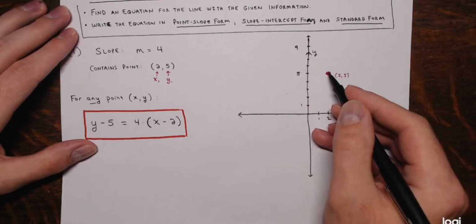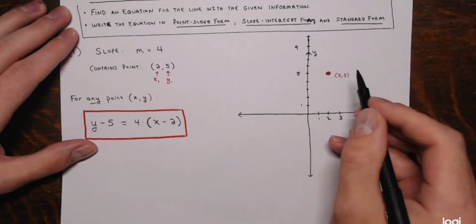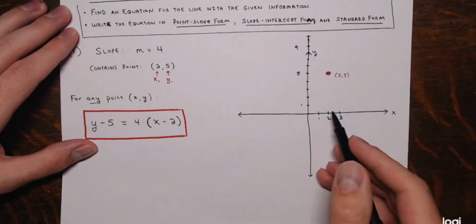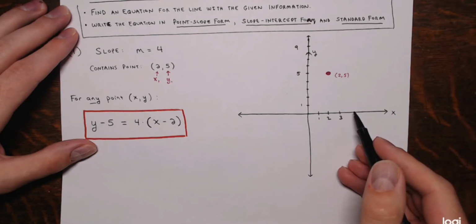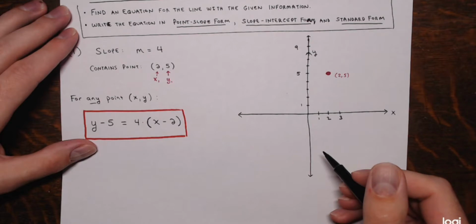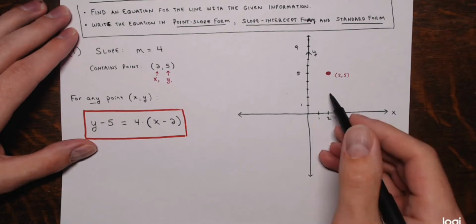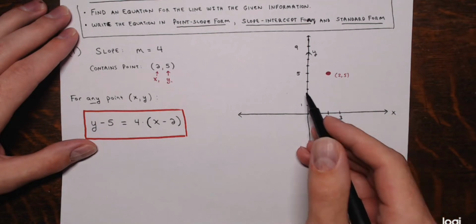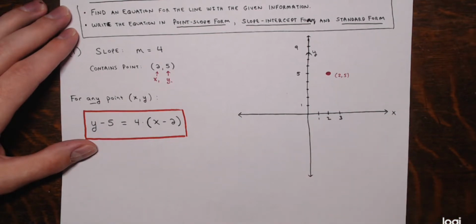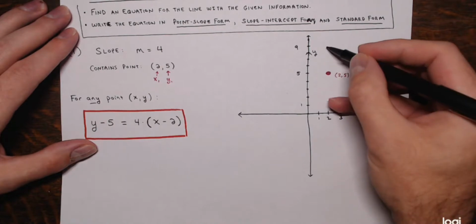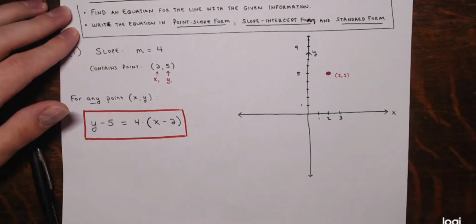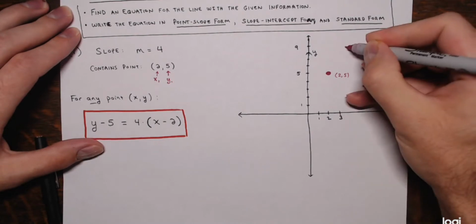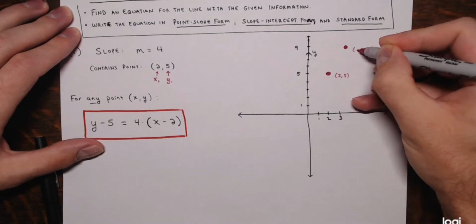Anytime there's an increase in a coordinate, going up increases the y coordinate, that's a positive change. Going to the right increases the x coordinate, so that's a positive change. And anytime you decrease a coordinate, that's a negative change. So going down decreases the y coordinate, going left decreases the x coordinate. But if I go up 4, right 1, we're at this point here, (3, 9).